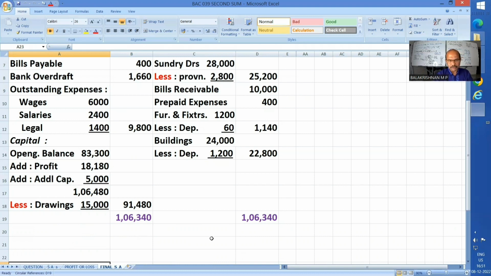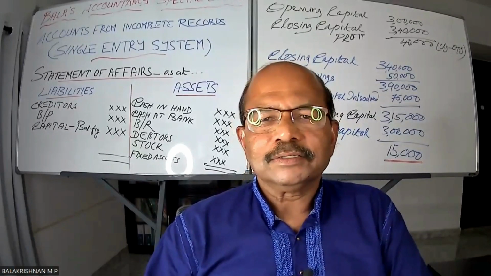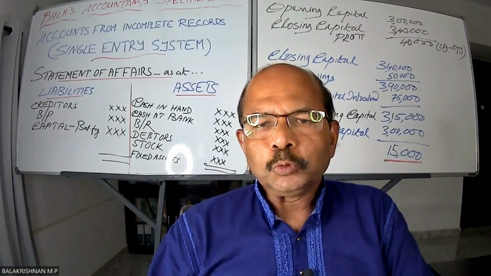So that's all. These two sums are very simple sums for practice purposes. At least you have got the basic idea how to go about the statement of affairs method, which is otherwise called the net worth method of the single entry system. Well, students, we have worked out two sums.